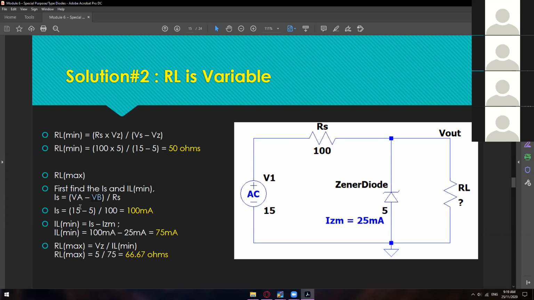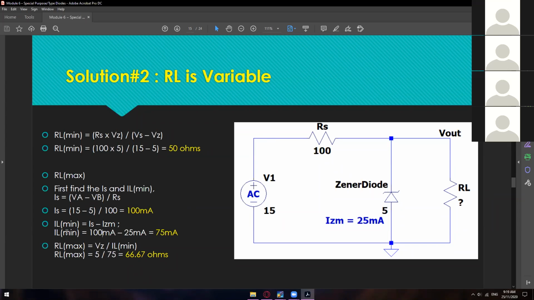So 15 minus 5 divided by RS, which is 100, is equal to 100 milliamps. So this is our current on our series resistance.